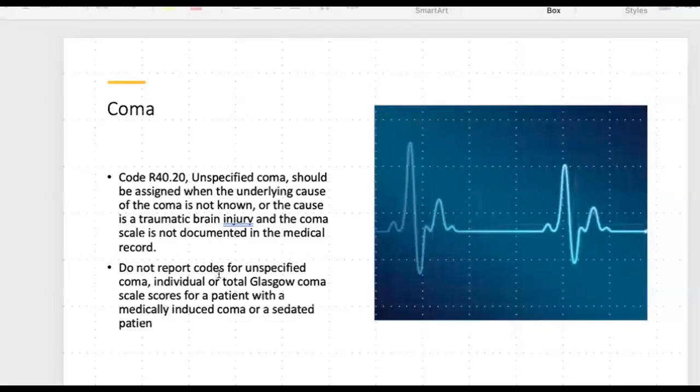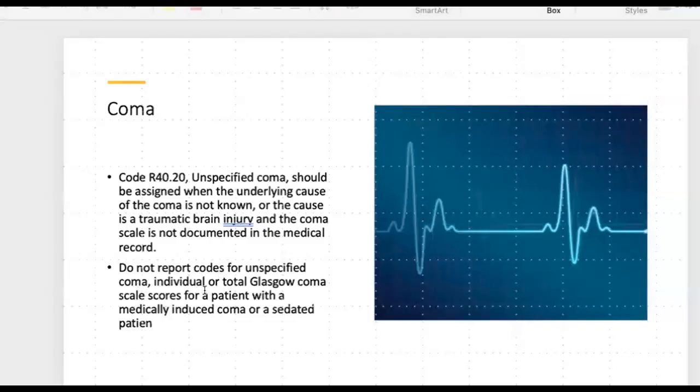There are patients that need to be put into a coma state because of a certain condition. But from what I understand, which I think is in our slide too, the coma-induced patient should not be assigned a code for coma scale. So that is the code, guys, R40.20.